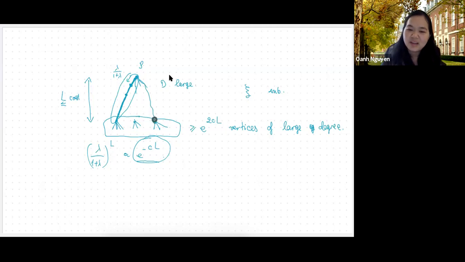Then you can repeat that argument, and that will show that your process will survive on the tree forever. That is when C is sub-exponential.